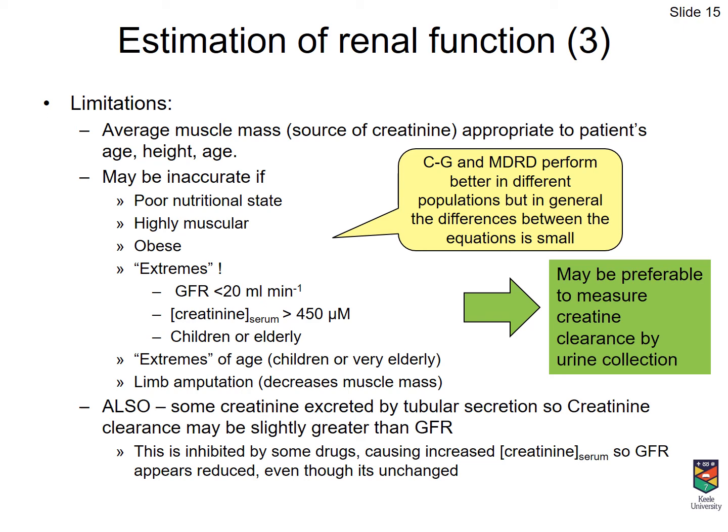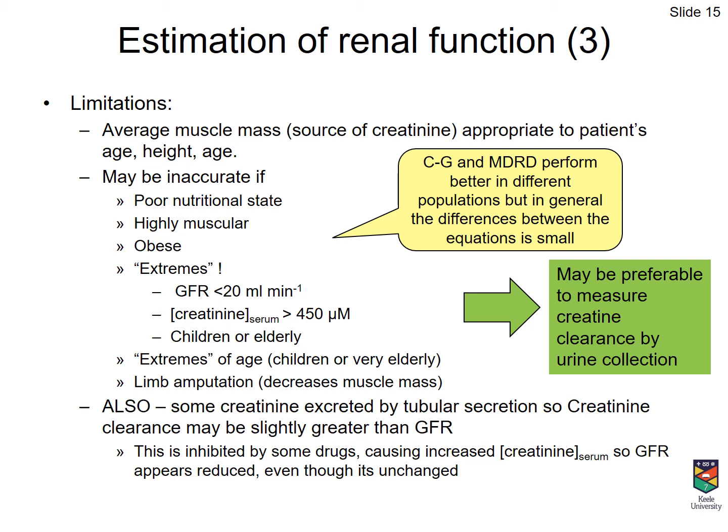Now, one of the things I've said previously is that creatinine clearance and glomerular filtration are approximately the same but not identical, and the reason for that is that some of the creatinine is excreted into urine by tubular secretion, so it doesn't get there by glomerular filtration. There's a pump that directly secretes creatinine into the urinary tract.